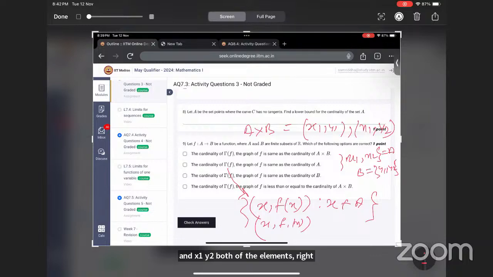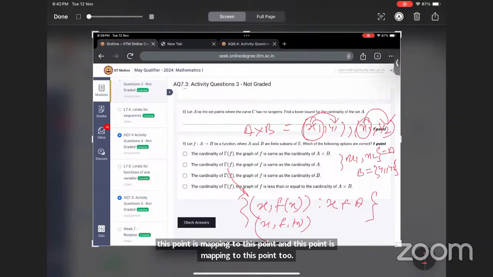But if you just look at these two points from the point of view of a function, then this point is mapping to this point, and this point is mapping to this point too. But it is not possible when f is a function.